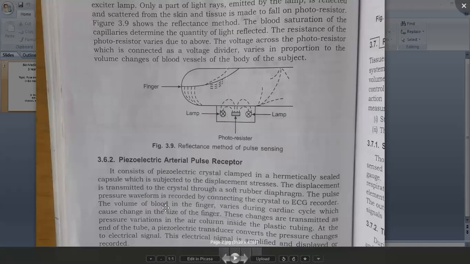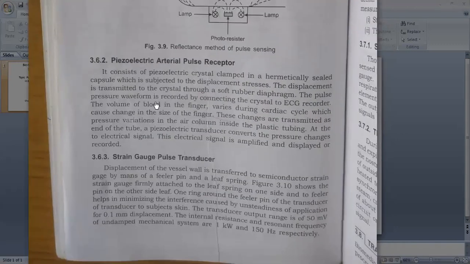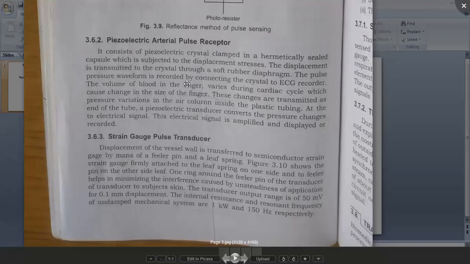The pulse pressure waveform is recorded by connecting the crystal to an ECG recorder. On one end of this soft rubber diaphragm we connect the piezoelectric crystal, and the other side is used to sense the pulse.